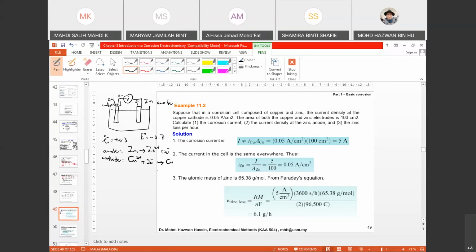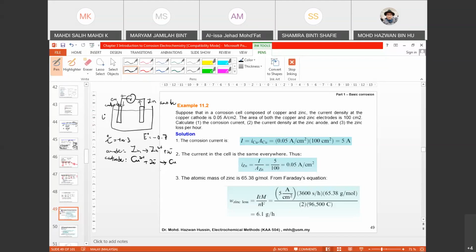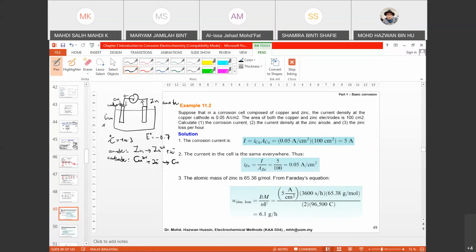But the question is actually asking what would be the current. Given that the current density at the copper cathode is equal to 0.05 amperes over centimeter square. The area of both copper and zinc, meaning the size of both electrodes are the same, is equal to 100 centimeter square.